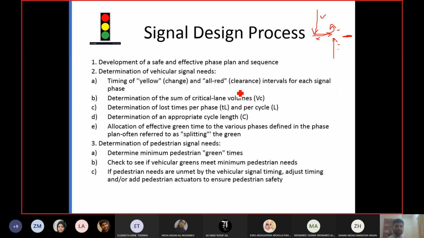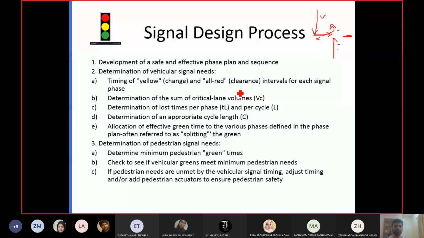The all-red interval is calculated using the dimension of the intersection. You find out how much time you need to clear the intersection, how much time a car needs to pass through it, according to the dimension. But again, we have an equation for that. So you will calculate the yellow and all-red interval for each phase of the signal.